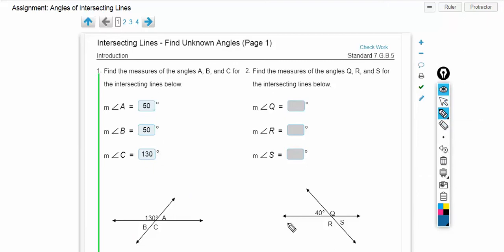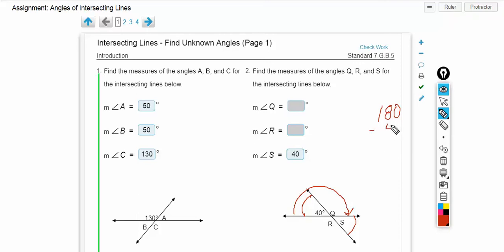I already told you how to draw the angles. I mentioned before, the first thing you're going to notice is that these two are vertical, so S is going to be 40 degrees. Then if I look from here over to here, that's going to equal 180 degrees.